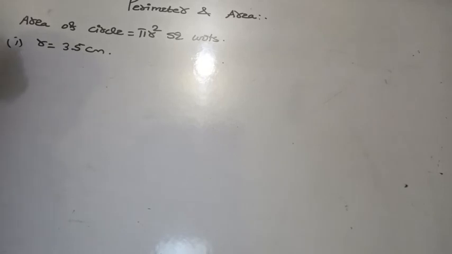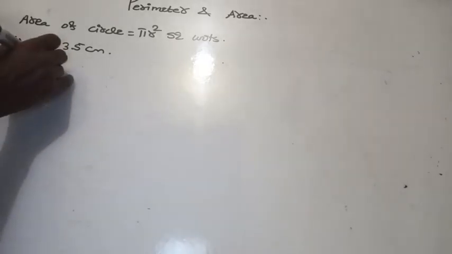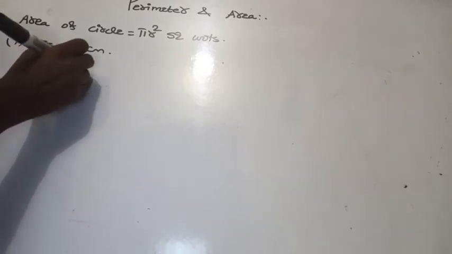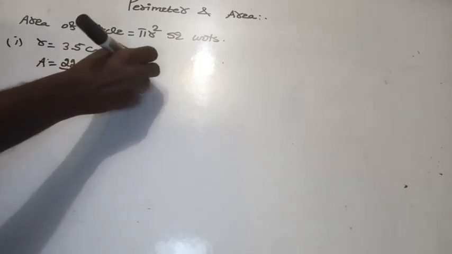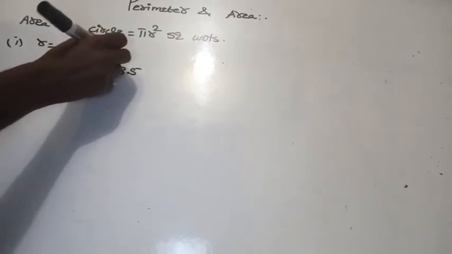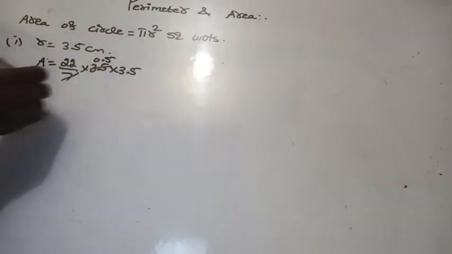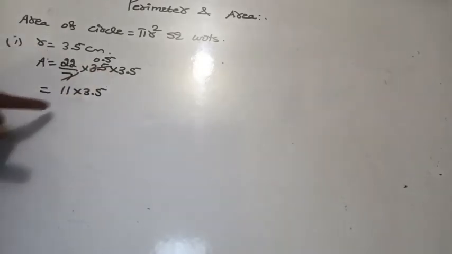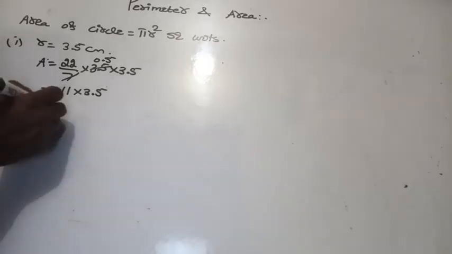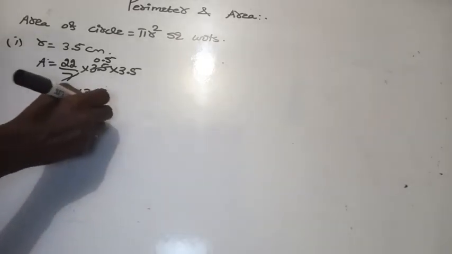If the value of pi is not given, you have to consider it as 22/7. Otherwise, if the value of pi is given as 3.14, you have to use that value. Now area of a circle, pi r square, that is 22/7 into 3.5 into 3.5. 1 7 is 7, 5 7s are 35. 22 into 5 is 110. Correct one decimal place, then it is 11 into 3.5, which is 385. Then it will be 38.5 centimeter square.